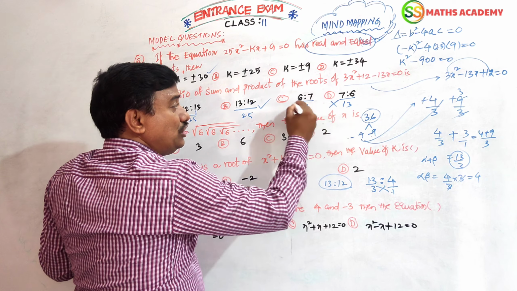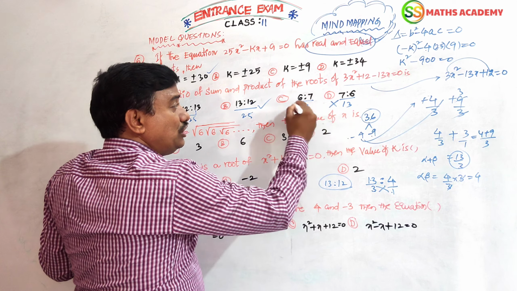Yes, these two are not a perfect square. So the option is between A and B. And we should get a difference that is a positive number: 12 minus 13 is minus 1, 13 minus 12 is 1. Here, where is the positive number we are getting? Here only. So our answer is absolutely B only. You follow the traditional method, you are getting its ratio 13 is to 12.